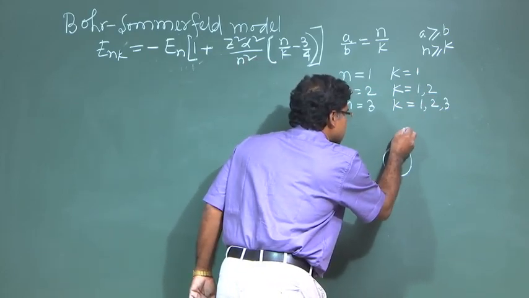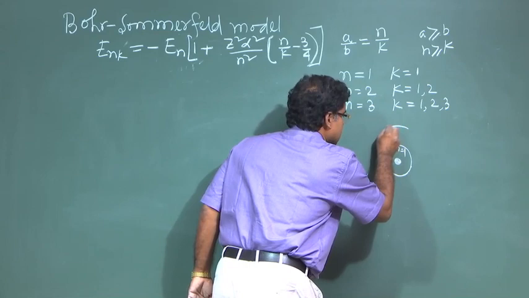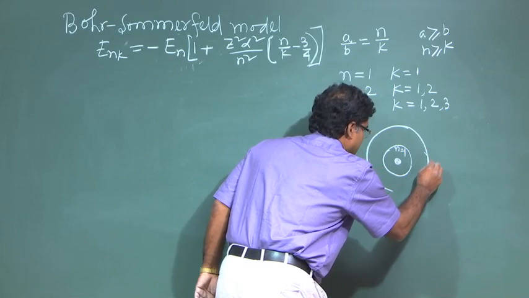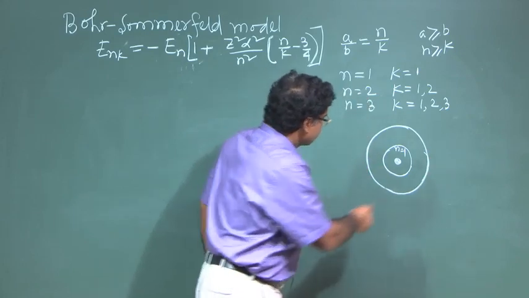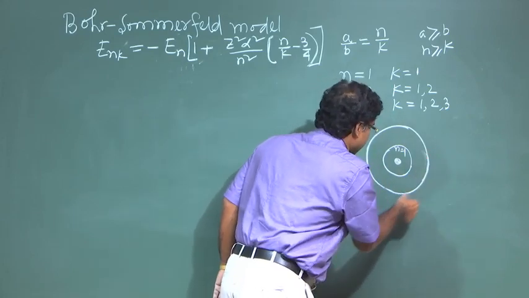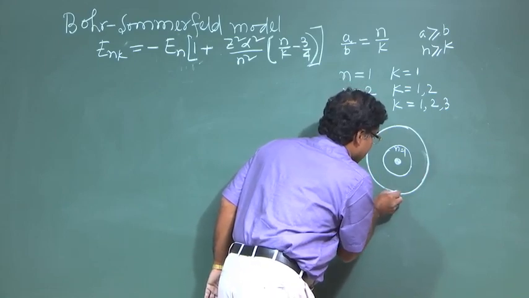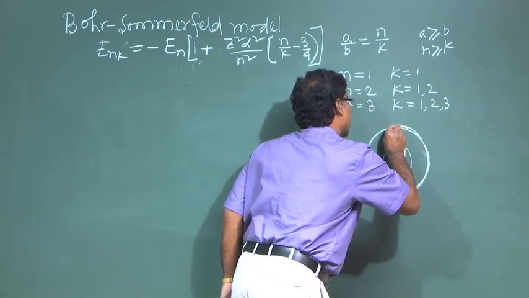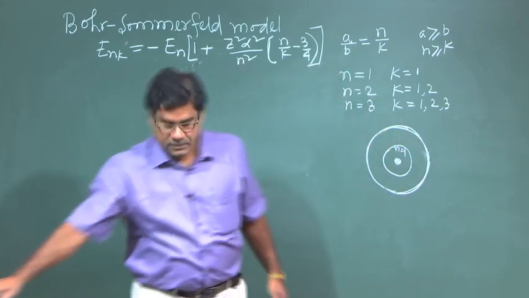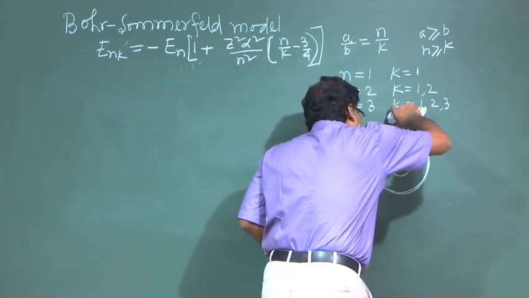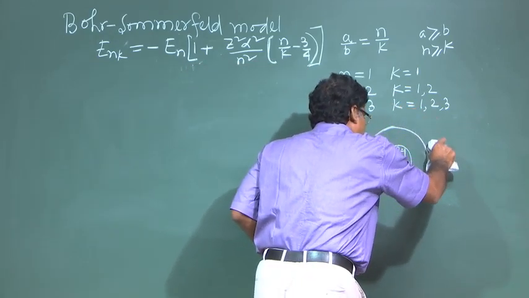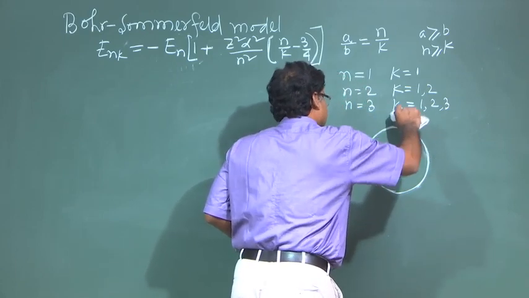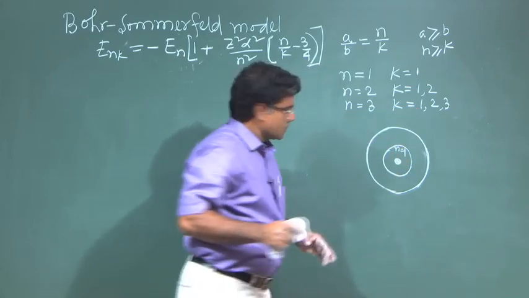So, let us draw this next orbit. The next orbit is not perfectly a circle, but more or less it is a circle.